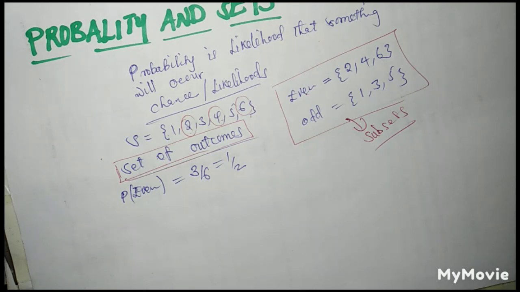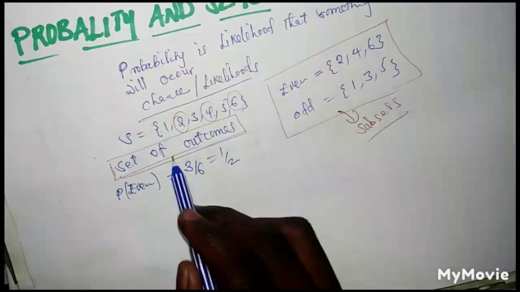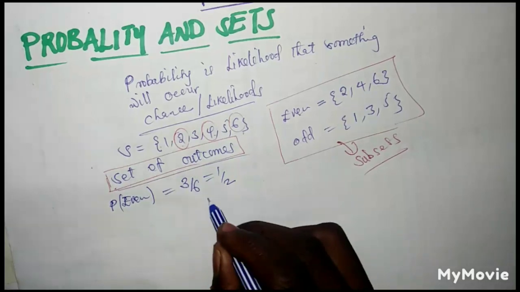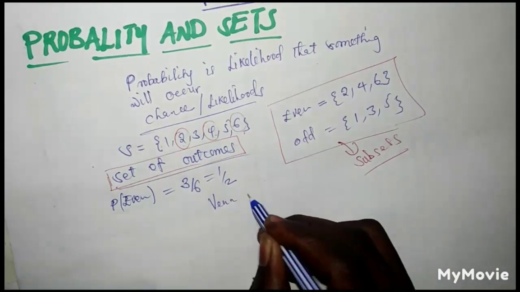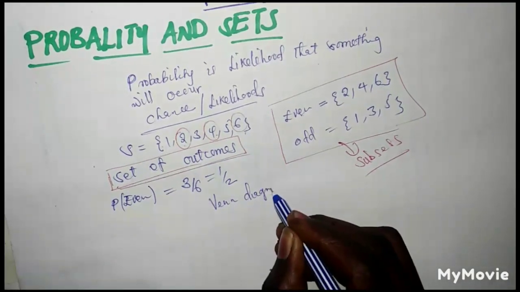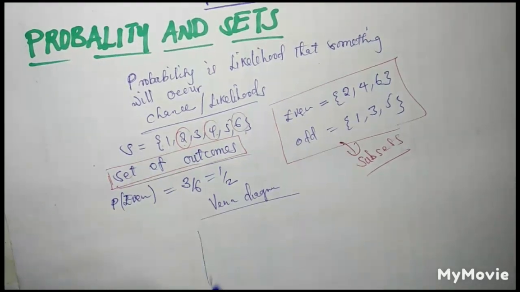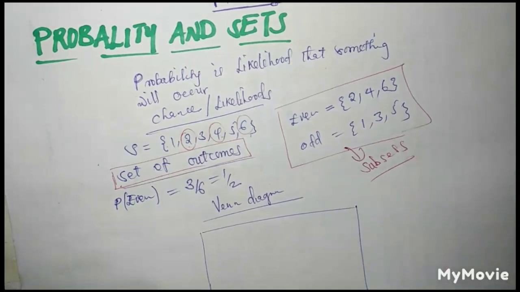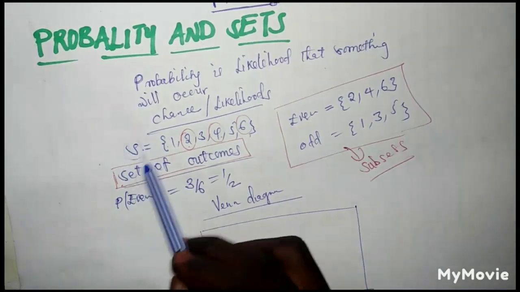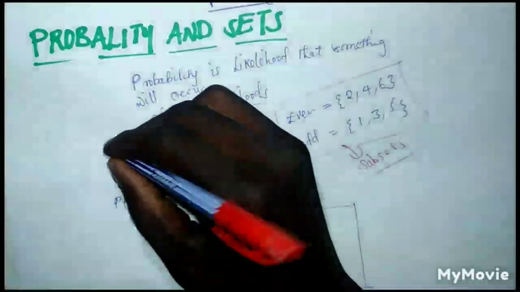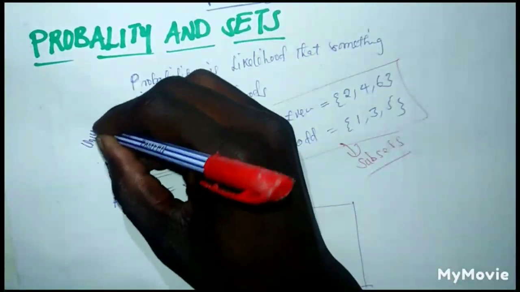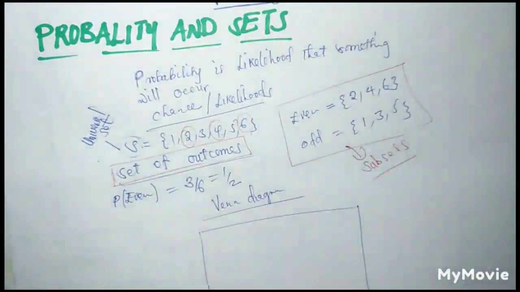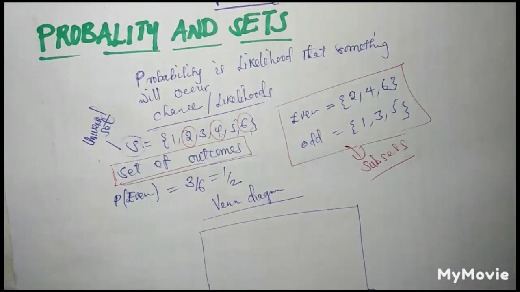Okay, so if we want to define this in a Venn diagram, which is a diagram that helps us to see our sets more clearly, let the sample space be the universal set, a set that contains all the possible outcomes.